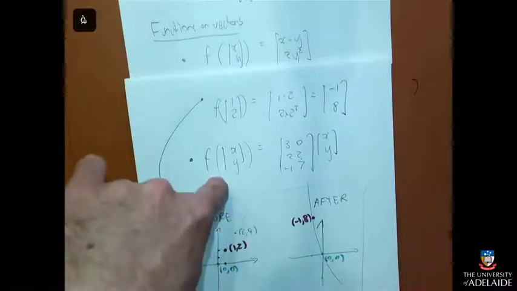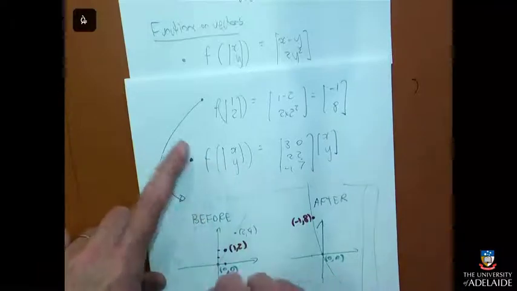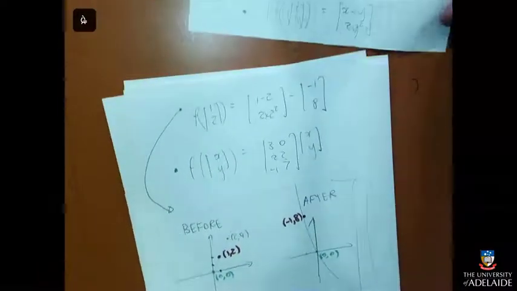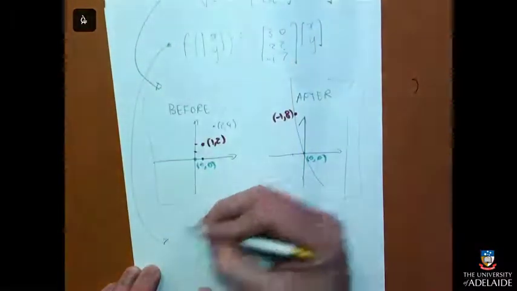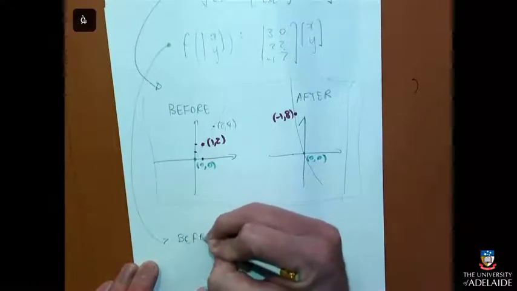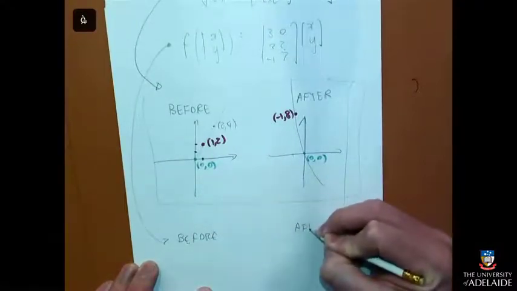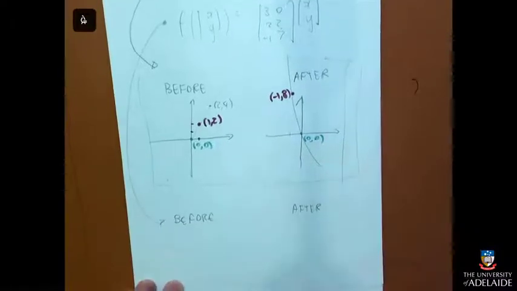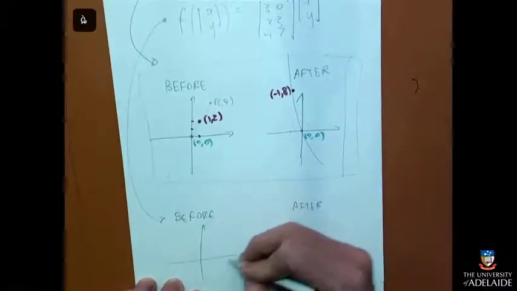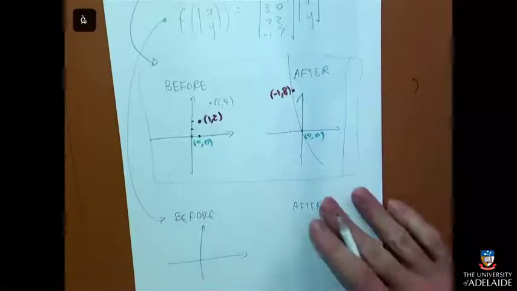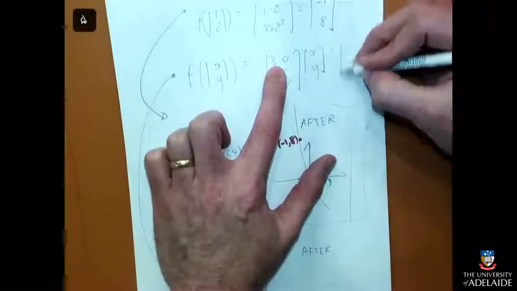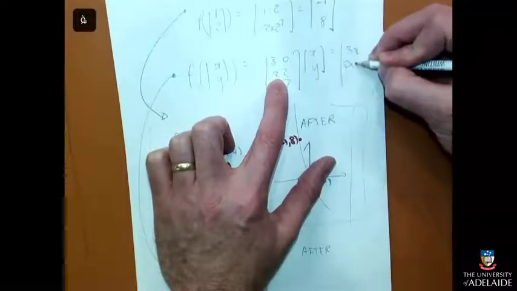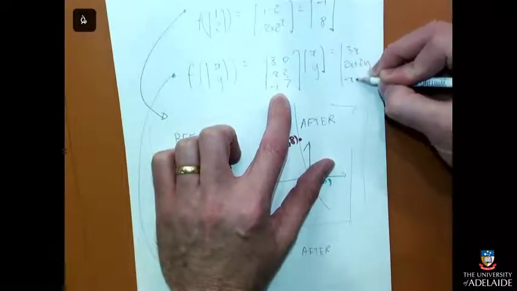This function, on the other hand, will do something else entirely. This function's interesting because it's before and after. Watch what happens. Before, I have x's and y's, and after, if I multiply this out, I'll get 3x, 2x plus 2y, minus x plus 7y.